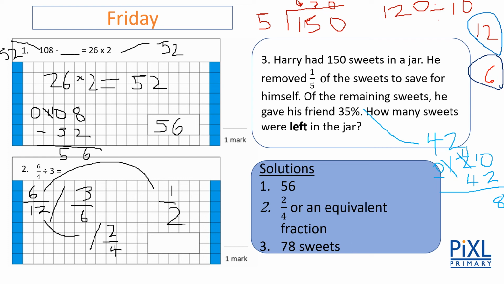My 1 now becomes an 11. 11 take away 4 is 7. 0 take away 0 is 0, so my answer is 78.